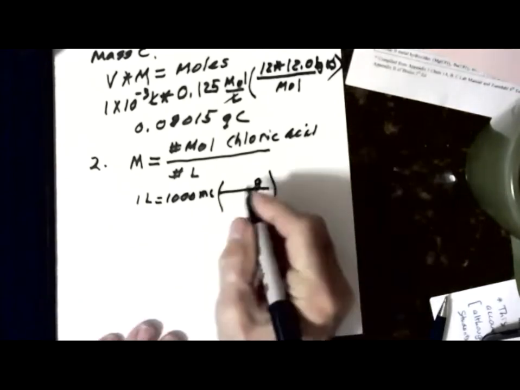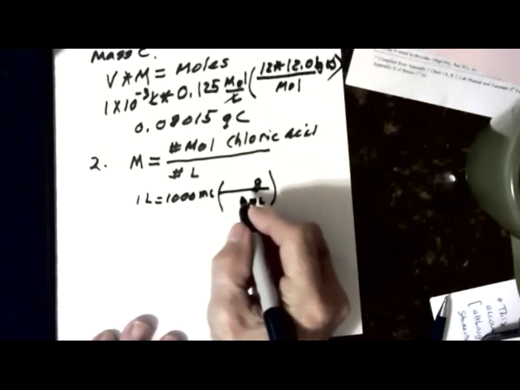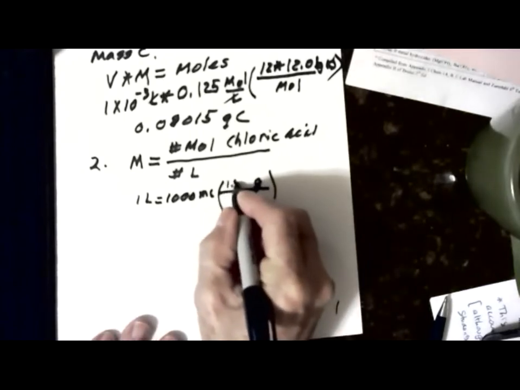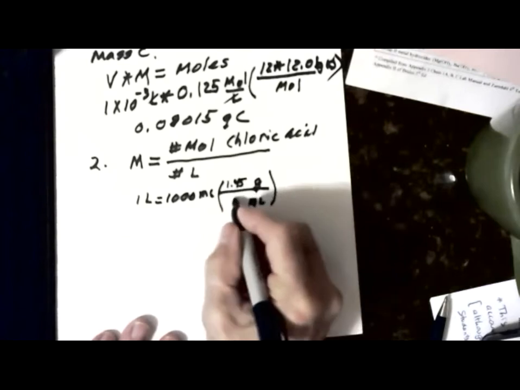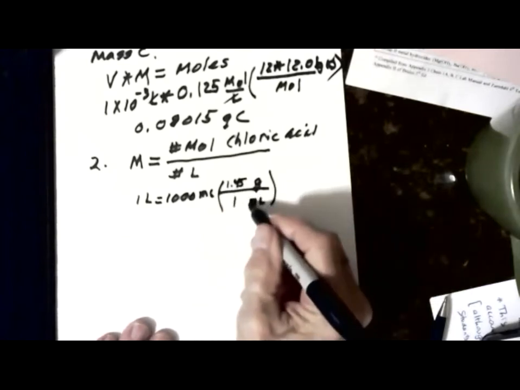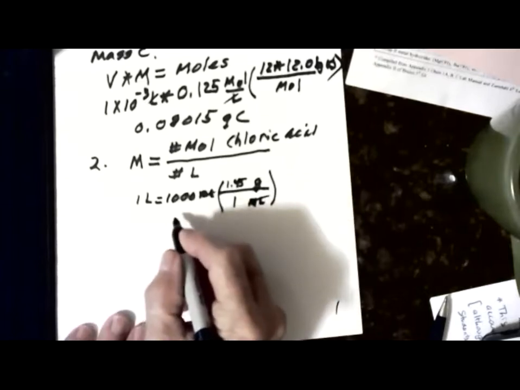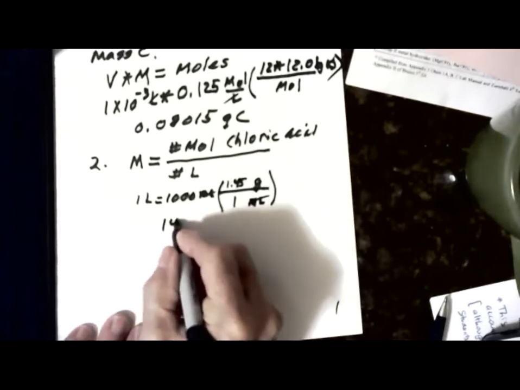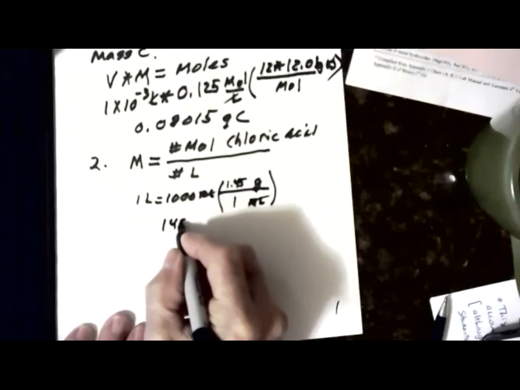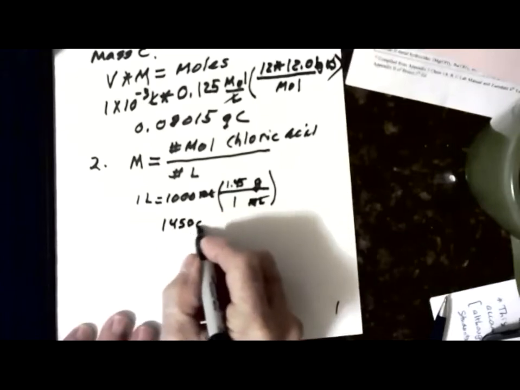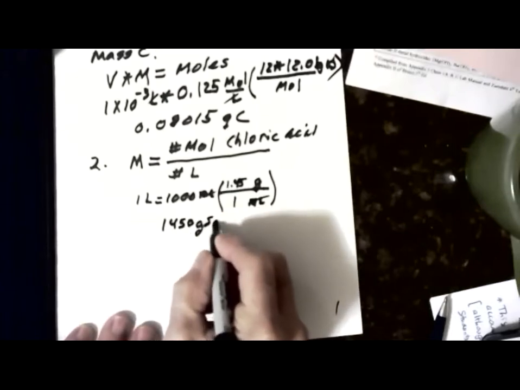Okay, well, the density is 1.45 grams per 1 milliliter. So when I do this, I'm going to come out with 1,000 times 1.45 is 1,450 grams of the solution.